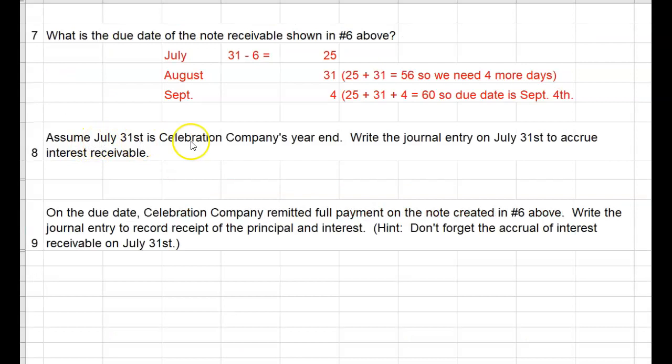Now let's assume that Celebration Company is a corporation with a July 31st year end. Write the journal entry to accrue interest receivable and interest revenue on July 31st.